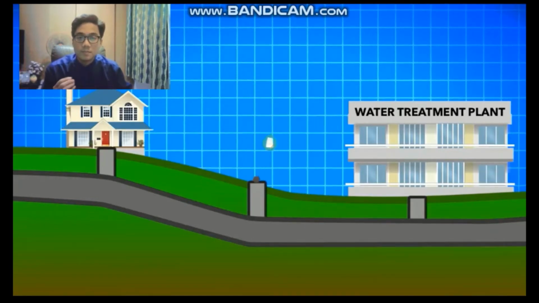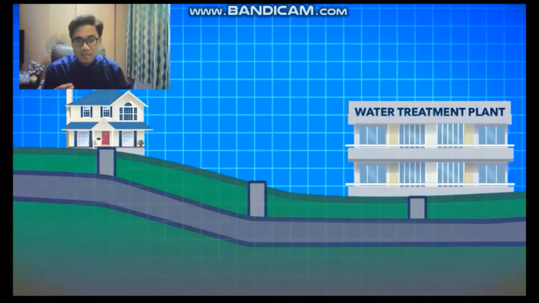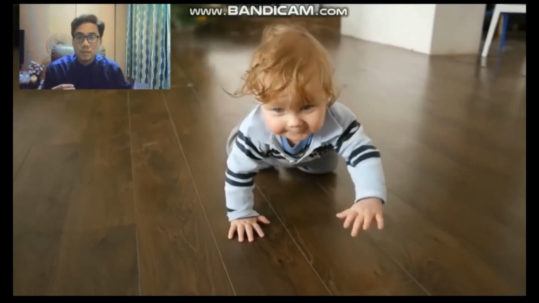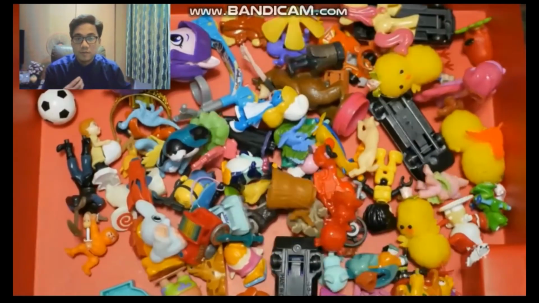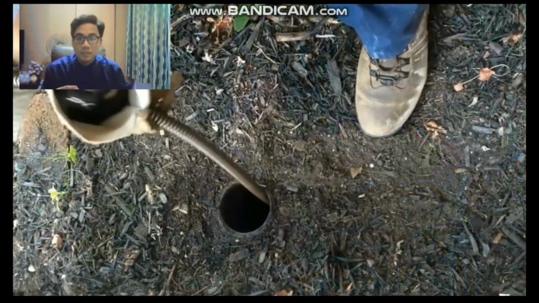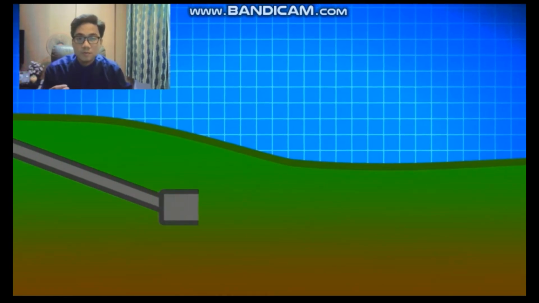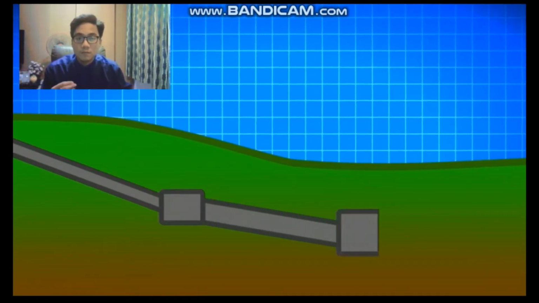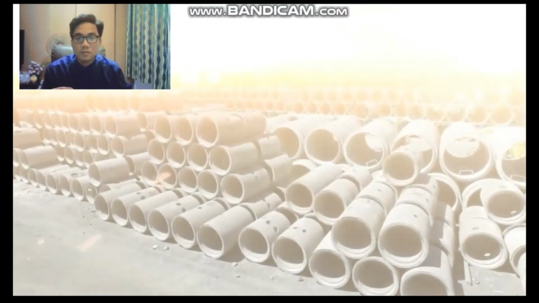These access points are spaced depending on the local code and are needed just in case a problem arises in the sewer. Say that your toddler has a nasty habit of flushing toys. If they do this enough and the toys make it into the main, there might eventually be a major clog, so the city workers need to remove it. Sewer mains will flow into progressively larger and larger pipes as they accumulate more and more sewage.